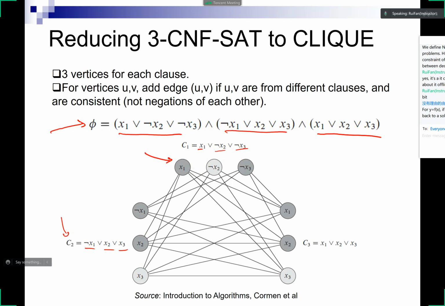Next we need to create the edges between the nodes. The two conditions are, first of all, that for all of these nodes, they come from the same clause, so we do not put any edges between them. Likewise these nodes also come from the same clause, so you do not put edges between them. That's the first condition.